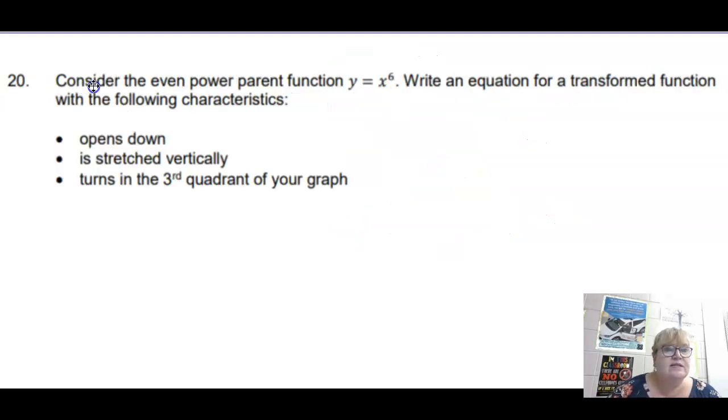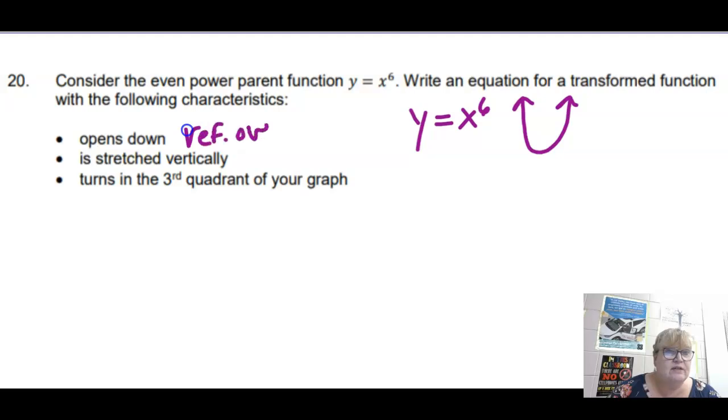Number 20 says consider the even power function x to the 6th, which just means it looks like this. Looks like a parabola shape. Write a transformed function with the following characteristics. It opens down. That would be reflect over x. So we would have a -x to the 6th, is stretched vertically.